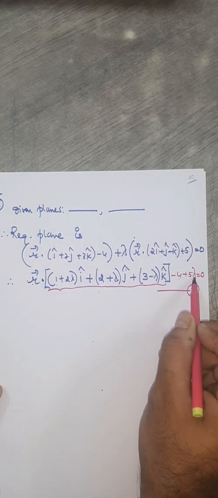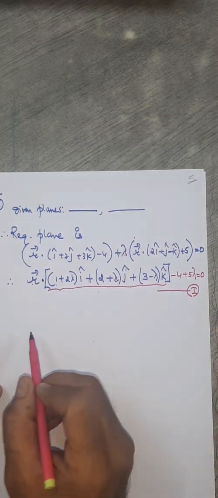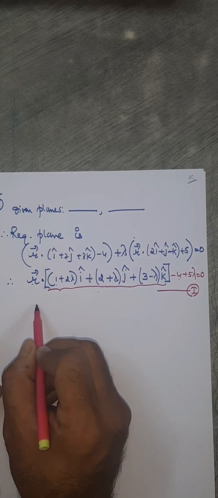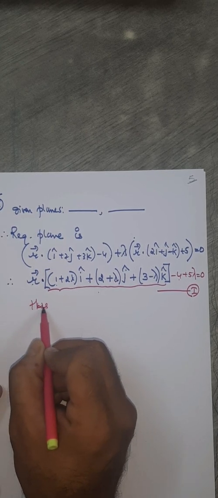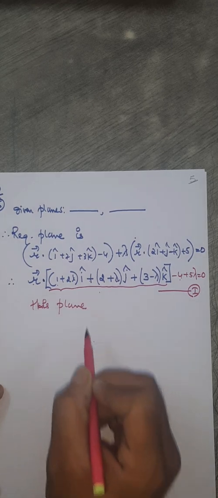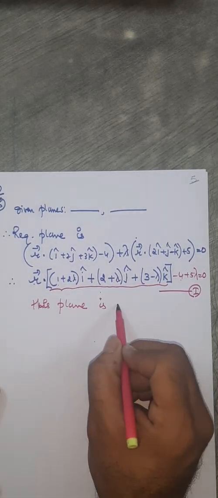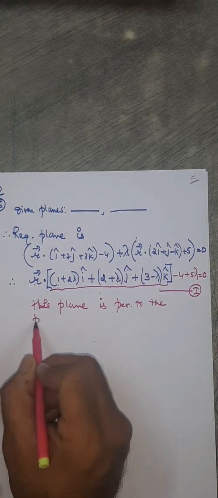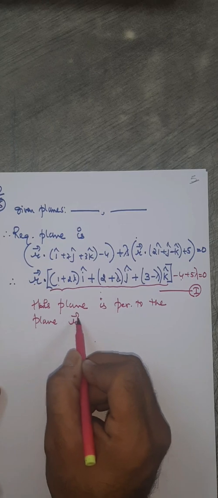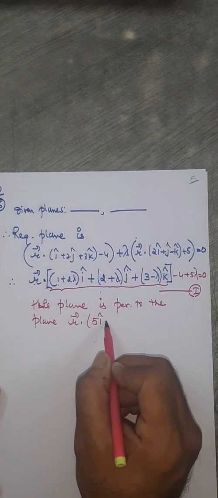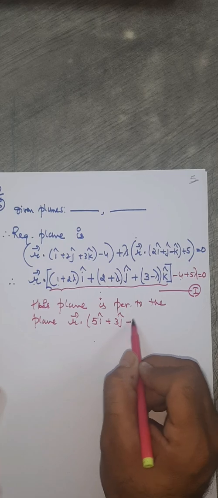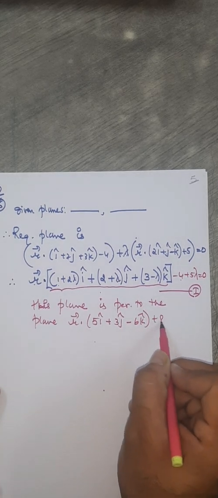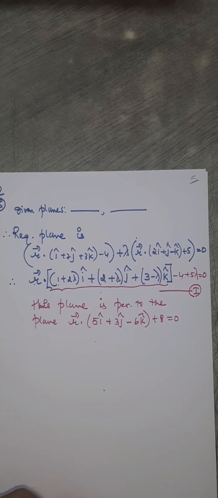We find the lambda; either you can put it in equation number 1 or in the previous one, both are the same thing. Now this plane, let me write, this plane is perpendicular to, that's given in the question, the plane r dot 5i cap plus 3j minus 6k plus 8 equals to 0. Now two planes are perpendicular. What happens to their normals? Obviously they are also perpendicular.